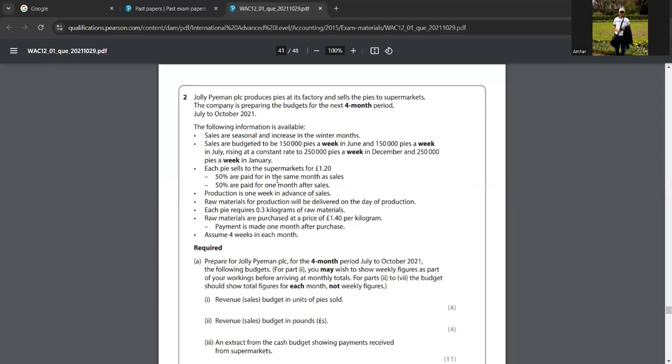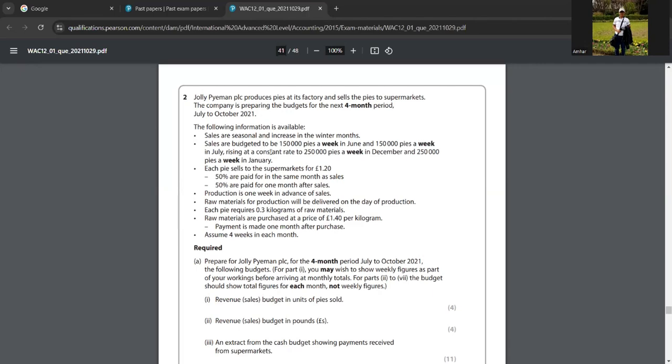So first let's see the question now. Okay. Jolly Pieman PLC produces pies at its factory and sells the pies to supermarkets. The company is preparing the budgets for the next 4-month period, July to October 21. The following information is available. Sales are seasonal and increase in the winter months.